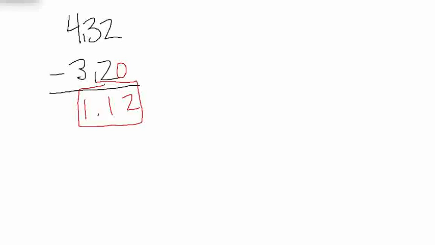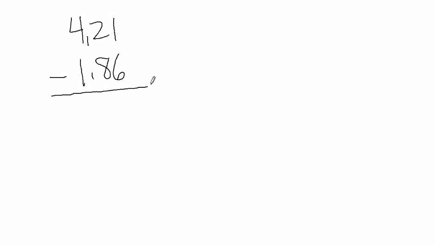Let me do another example in which I'll show you a problem that you may run into. Suppose you wanted to calculate 4.21 minus 1.86. Now, as you can see, in the rightmost column, if you were to subtract 6 from 1, you're going to get a negative number.